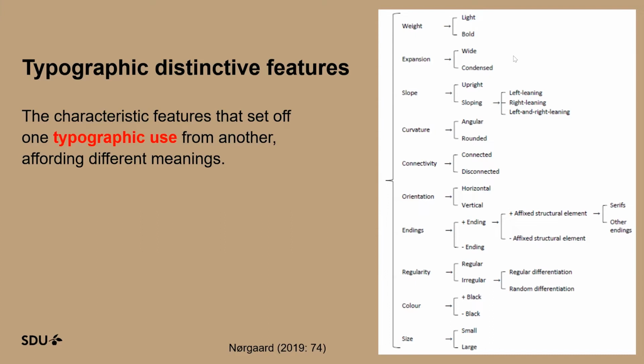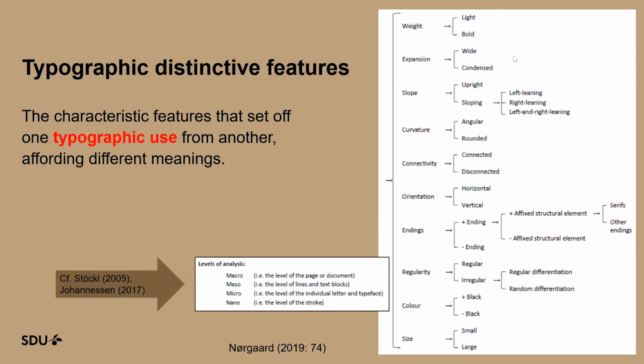Another thing I realized was that I needed to be able to talk about distinctive features at different levels of the text. I won't go into that now, but I'd just like to mention that, much inspired by Hartmut Stöckel and my colleague back home, Christian Mosbæk Johannessen, I have introduced 4 levels at which these distinctive features may need to be considered.